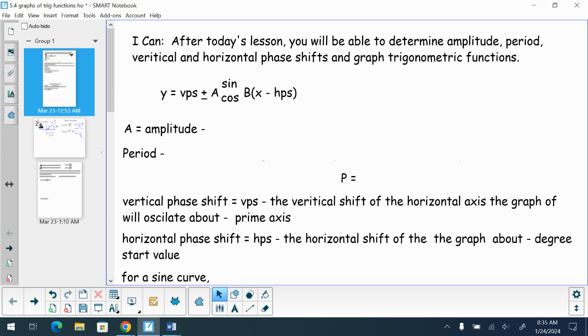Sines and cosines of trigonometric functions deal with the science and physics world. We talked a little about earthquakes and logarithms.